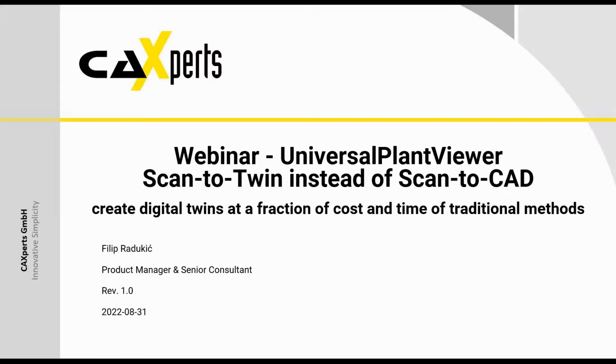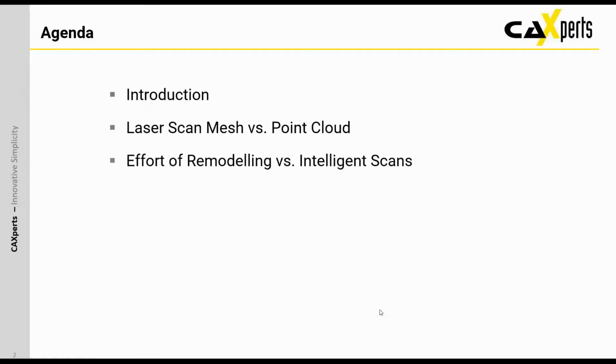But now let's have a look at today's agenda. So basically, we're going to have an introduction to the topic, a comparison of laser scan meshes versus point clouds, the effort of remodeling versus intelligent scans, the time and cost effectiveness of these two in comparison, and advanced features of UPV that basically add on top of the functionality of our digital twin.